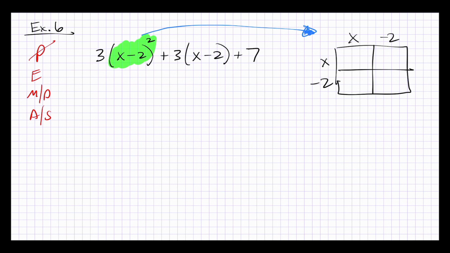Okay, so I get x squared minus 2x minus 2x positive 4. Combine like terms. Okay, I got to move it back in. The green doesn't look the same now. So I got to move it back into where it belongs.